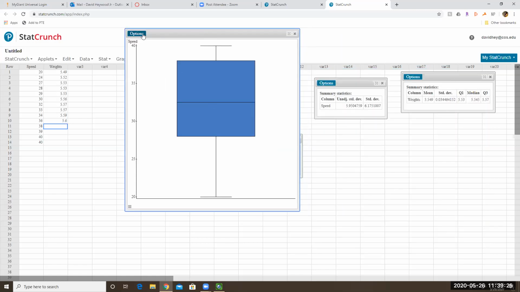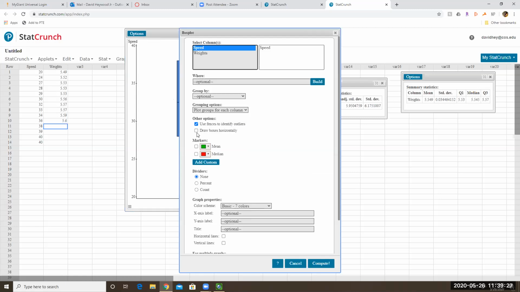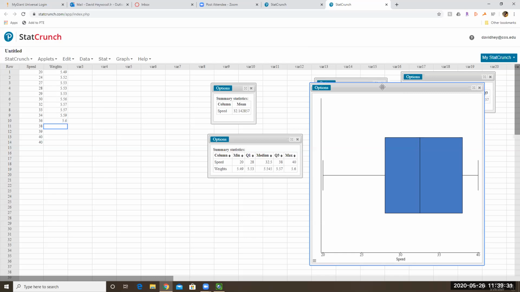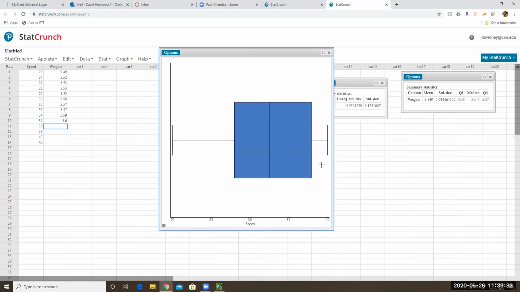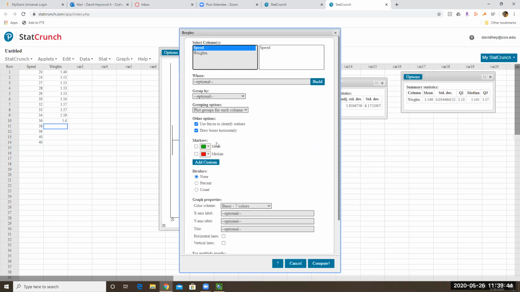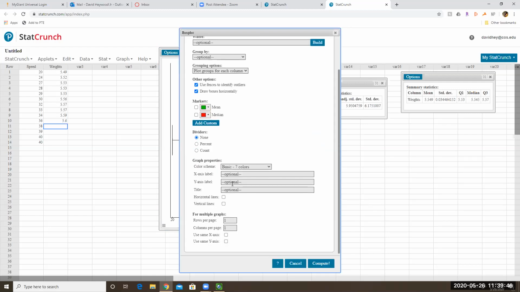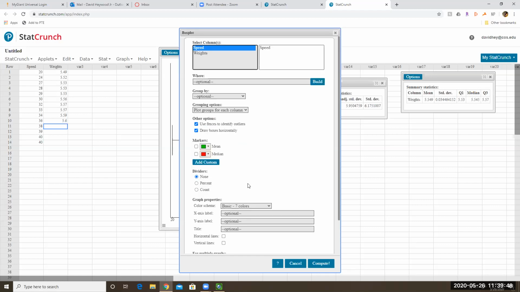So if you want them to go horizontally, you can say draw boxes horizontally, and then it'll do this. This should look pretty similar to the box plot that we drew together on this problem in the notes a second ago. Of course, you can title this and label the axes and stuff.